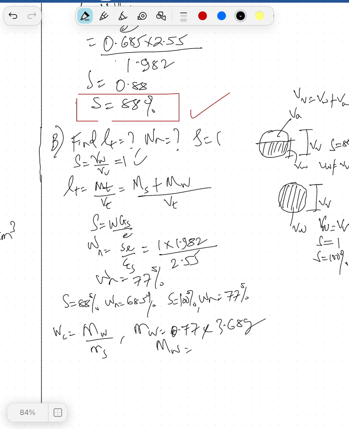So the mass of water will definitely increase, because the saturation increases from 88% to 100%, and the water content increases from 68.5% to 77%. Since there is additional water to fill up the void space, the mass of water will definitely increase.